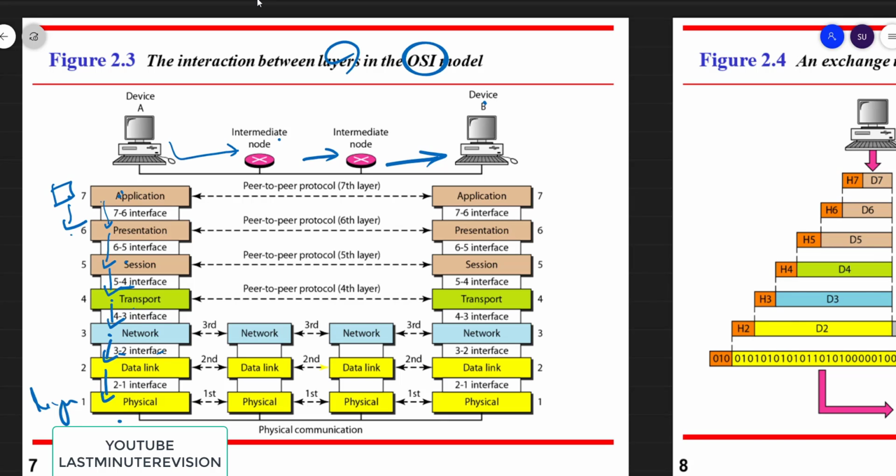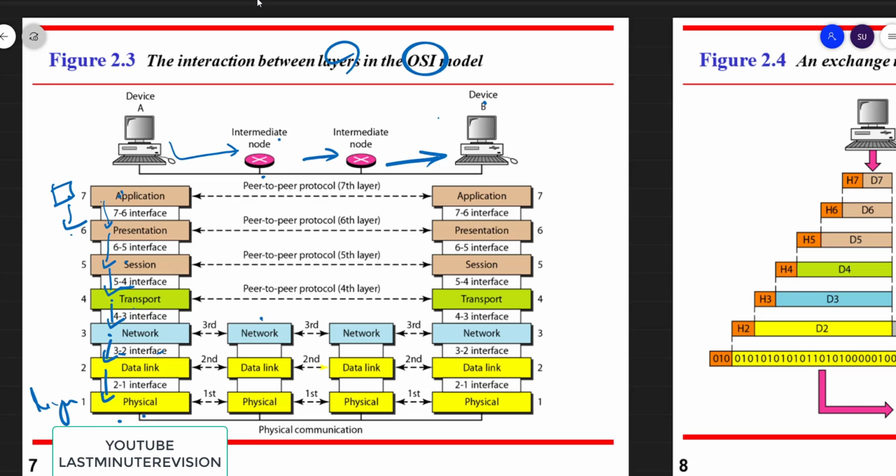Now from here, it should be transferred to the opposite end, which is the device B. But in between, you have an intermediate node. In the intermediate node, only 3 layers will work, whereas in device A and device B, all 7 layers will work.